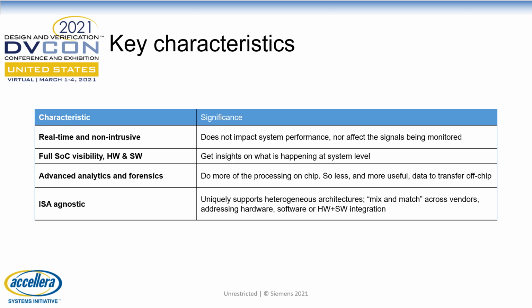It allows for advanced analytics and forensics, as it does quite a lot of processing on chip. Therefore, less data, more useful data can be transferred off chip for analysis. It is ISA agnostic. The IP is not tied to a particular processor architecture and can deal and interact with different processor architectures and vendors.